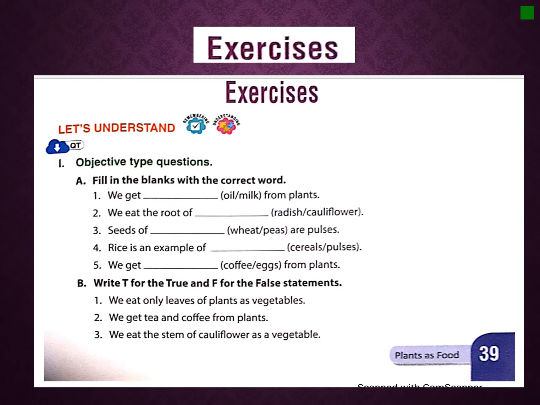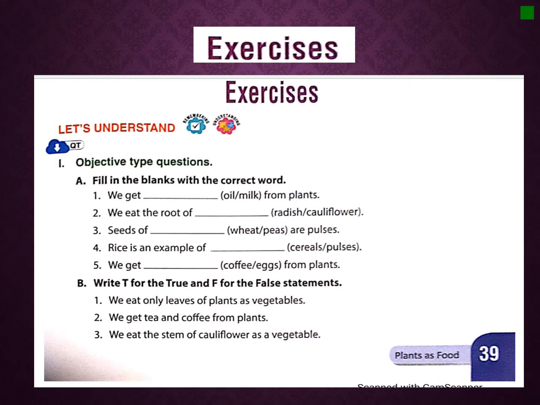Write true or false. 1. We eat only leaves of plants as vegetables. 2. We get tea and coffee from plants. 3.